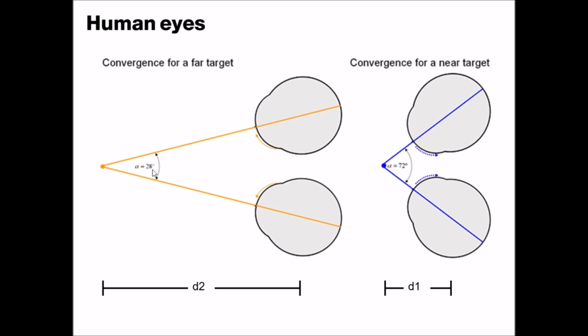Try to put something in front of your eyes, just near your eyes, and open one eye and close the other one, and then do the opposite. You will see that the object near your eye is jumping from one side to the other, which means the angle is big.